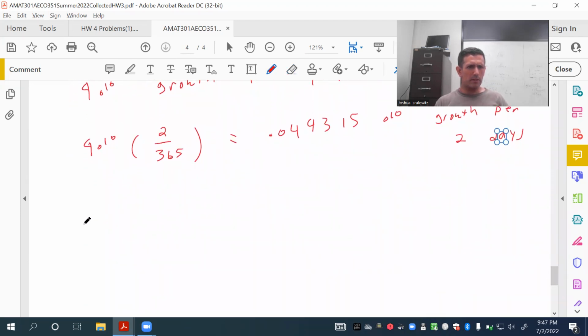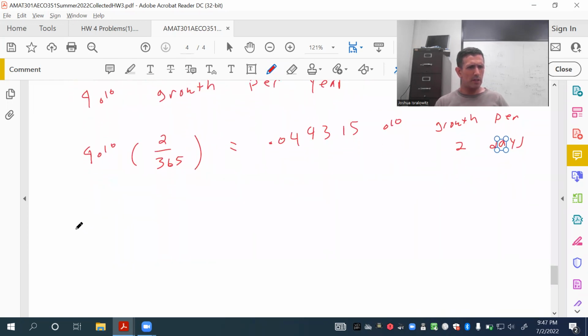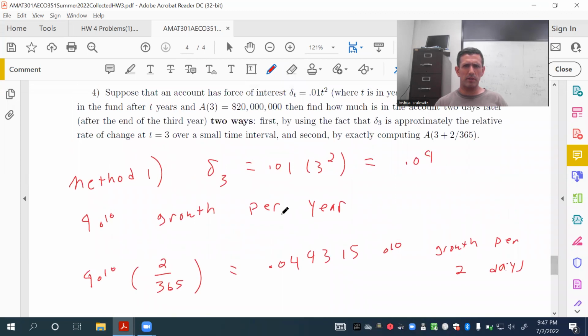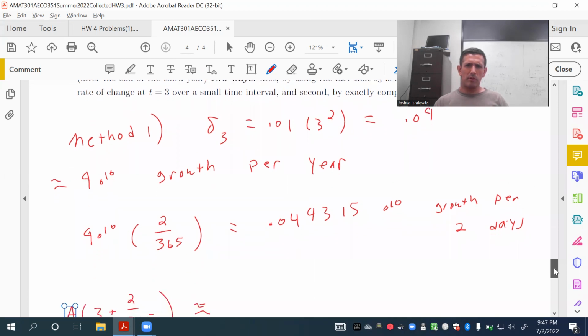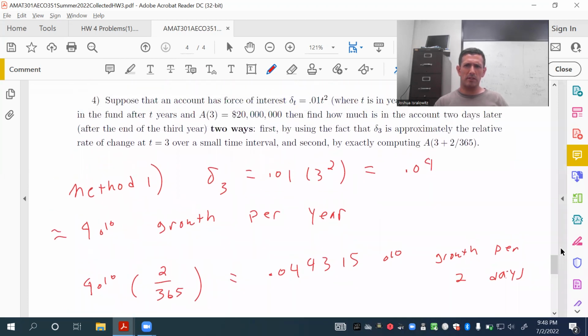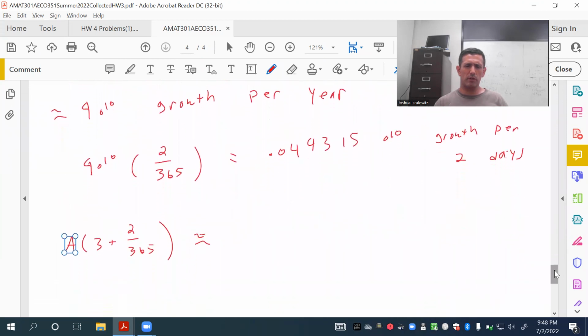Okay, so that means if we're growing by this much per 2 days, then 2 days after 3 years, 2 over 365 is approximately, remember this is just approximate, that's kind of the whole point. We're in a small time interval, so this is a good approximation for percentage growth per year.